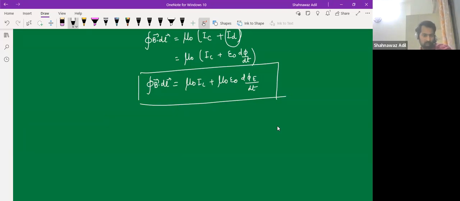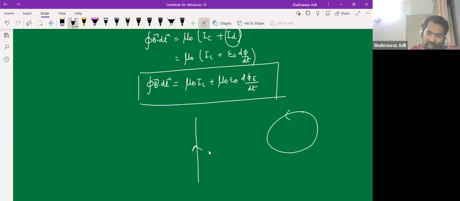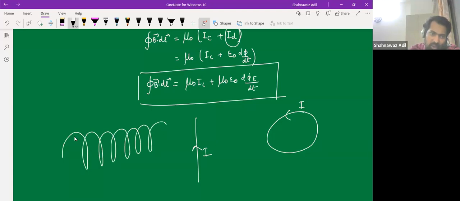Let's say we are talking about this wire, this circular wire, and the current is flowing, or a sinusoidal wire. In all these examples, the charges are flowing, so we don't need this idea of displacement current.